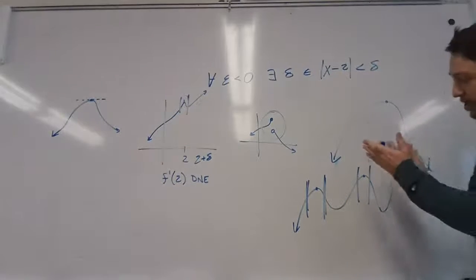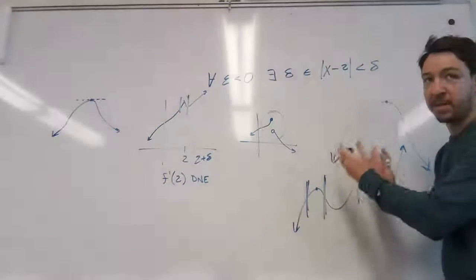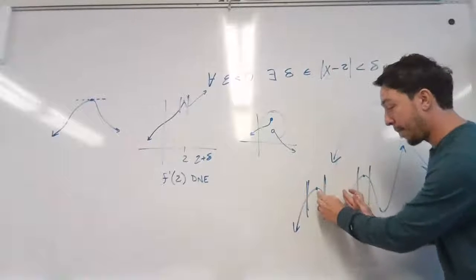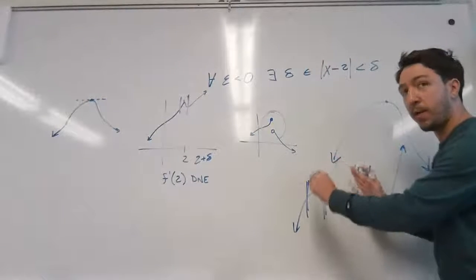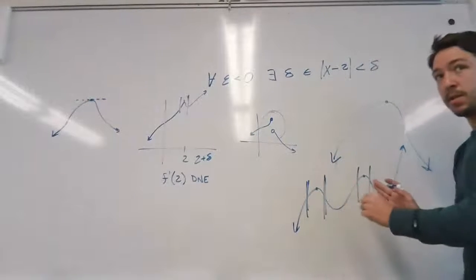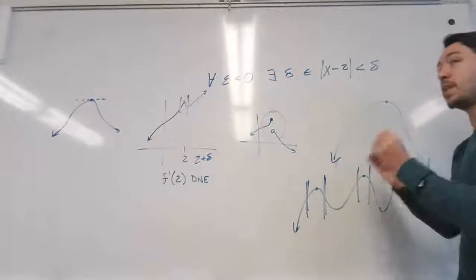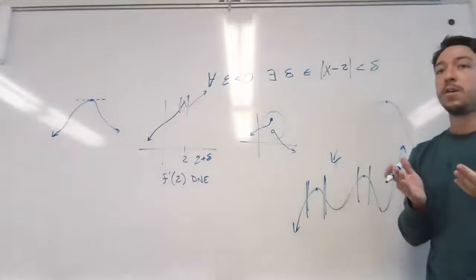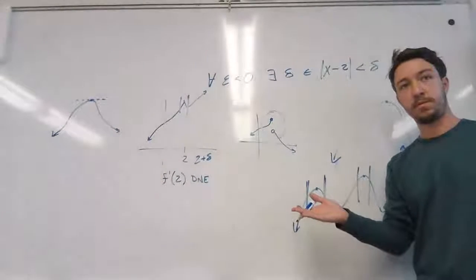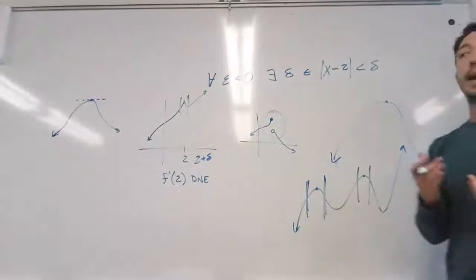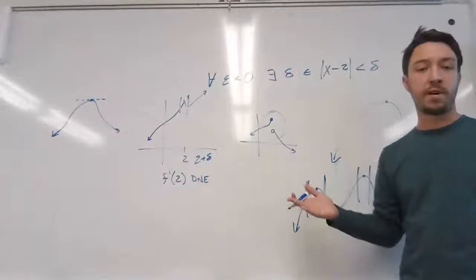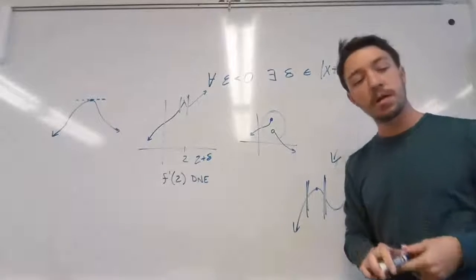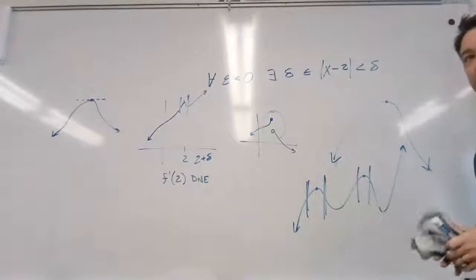If you can come up with a symmetrical interval around that point, where that point is higher than all the points around it, then it's a local max. That does not say for all possible intervals, because if it has to be the highest point in all possible intervals, then you're talking about a global max. Does that make sense?